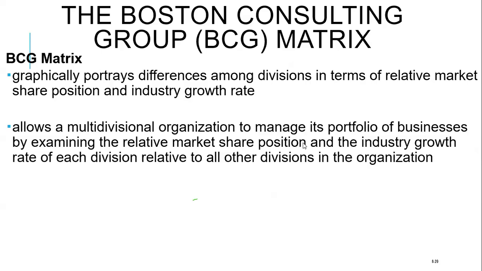Then there's also the BCG matrix, which, as I indicated earlier on, is a proprietary matrix, but proprietary matrix means that it was named after the Boston Consulting Group as a consulting firm for most of the thriving firms in the developed economies.